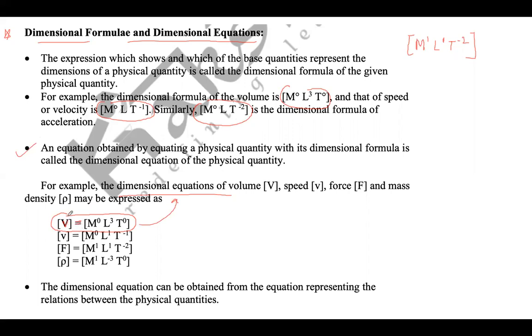On one side we have volume written in square brackets, and on the other side we have the whole dimensional formula m0 L3 T0. The dimensional equation can be obtained from the equation representing the relation between physical quantities. So this is how we derive a dimensional formula or dimensional equation.